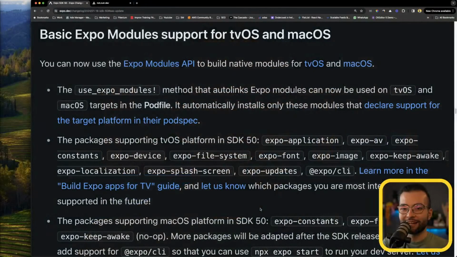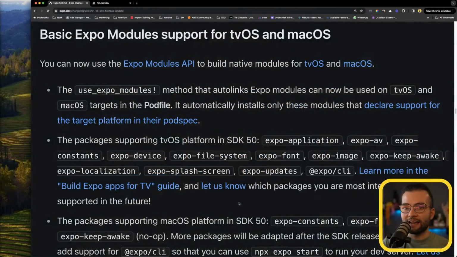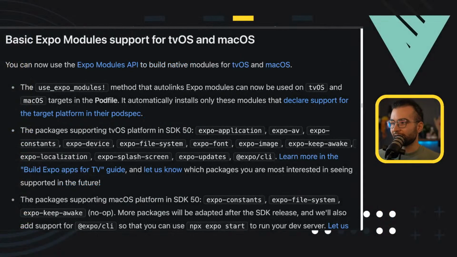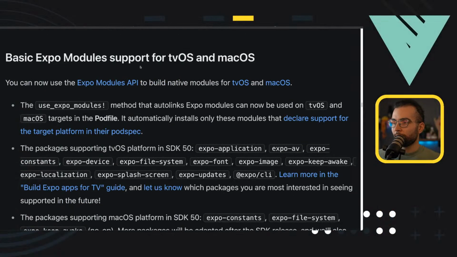We just went through the documentation, through the updates. We still have to actually put this in practice. Let's continue with a couple more chapters from the Expo SDK update. For the modules, Expo modules now are supported on tvOS and macOS.